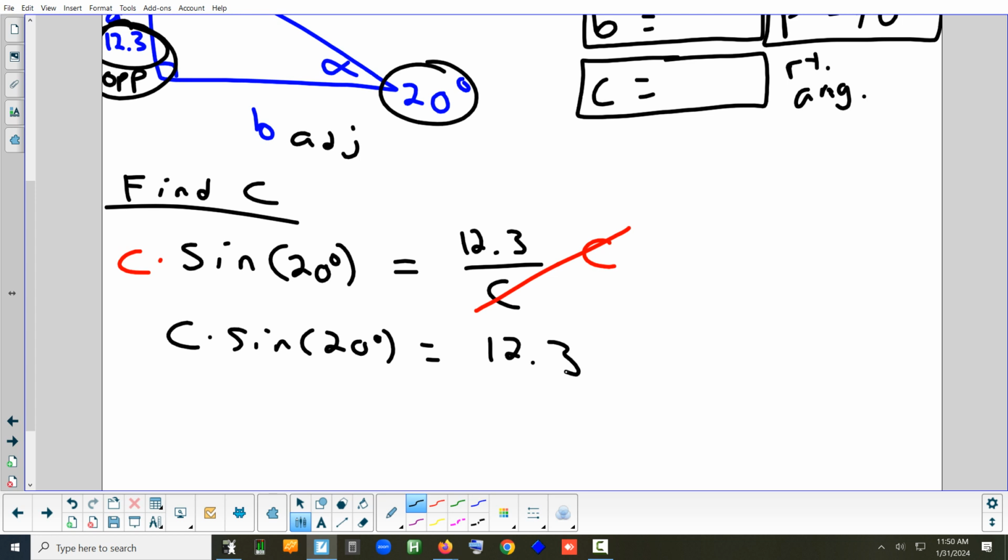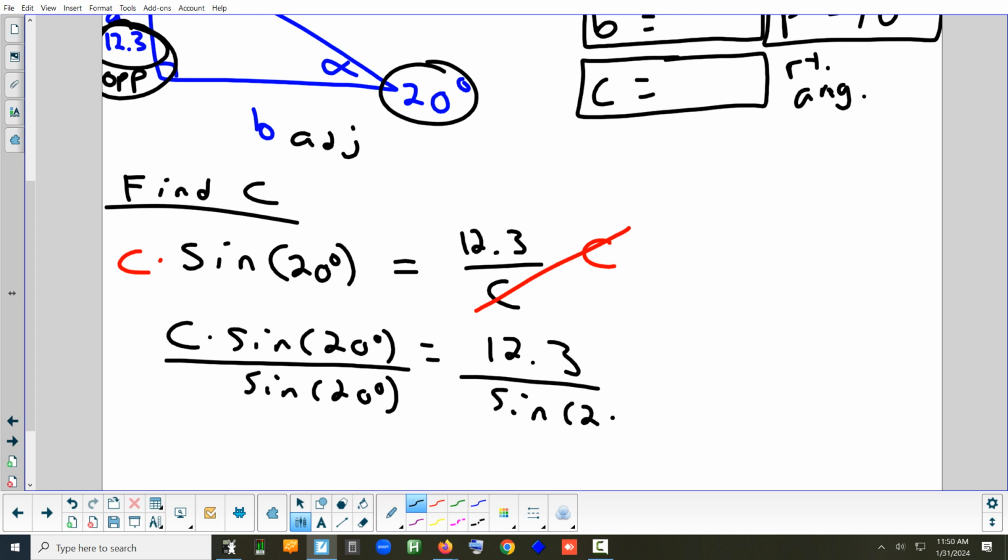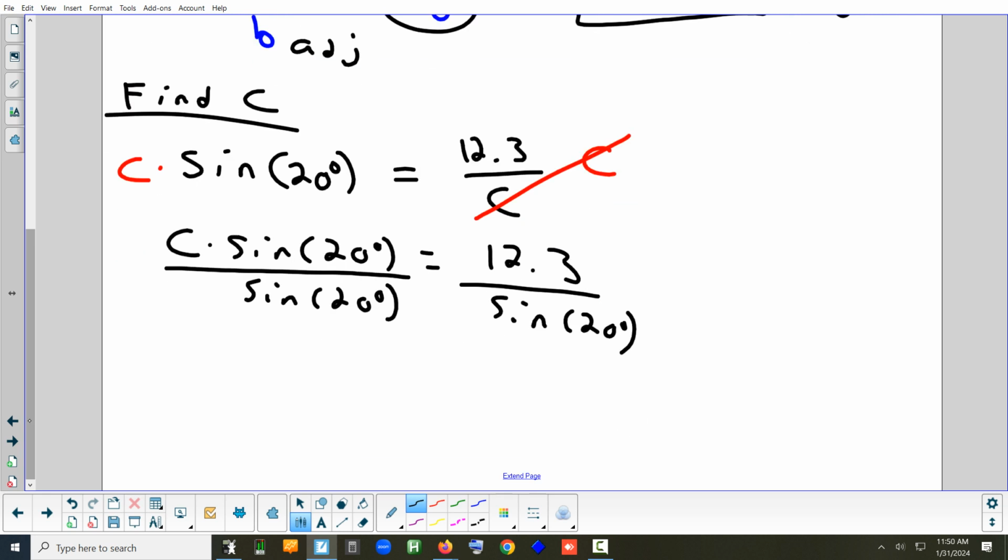And now, how are we going to get the C by itself on the left? Divide by sine 20. So the sine 20 cancels, and you get 12.3 over sine 20.